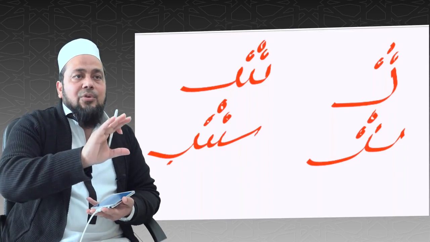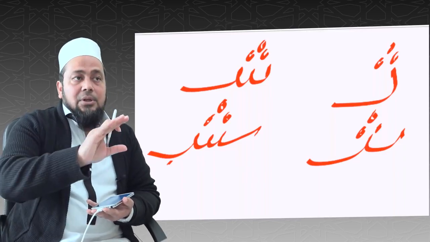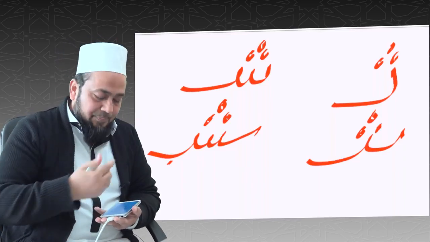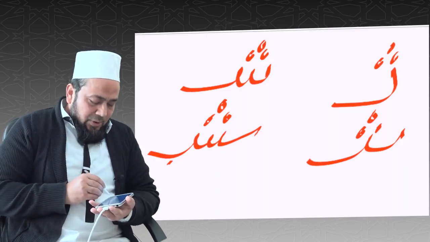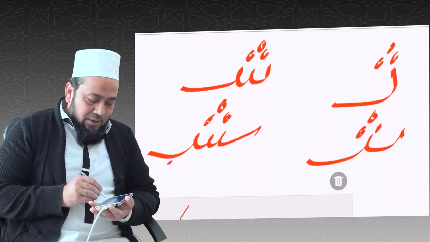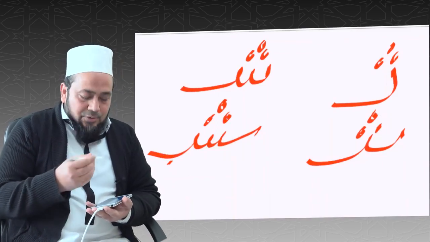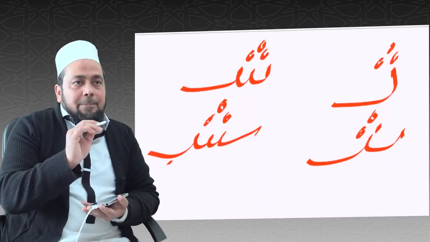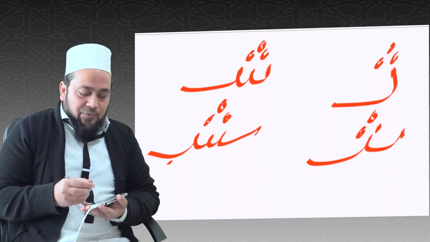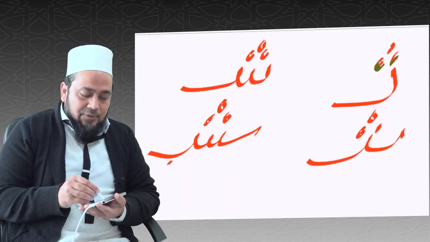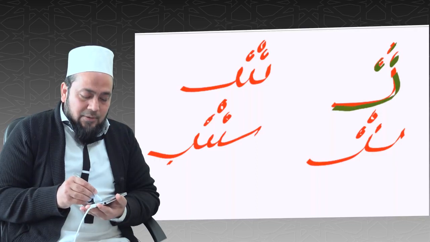You can see both of the letters have three dots on the top. That's why most of the learners get confused. You can see underneath the three dots for the Sa, you can see one line.